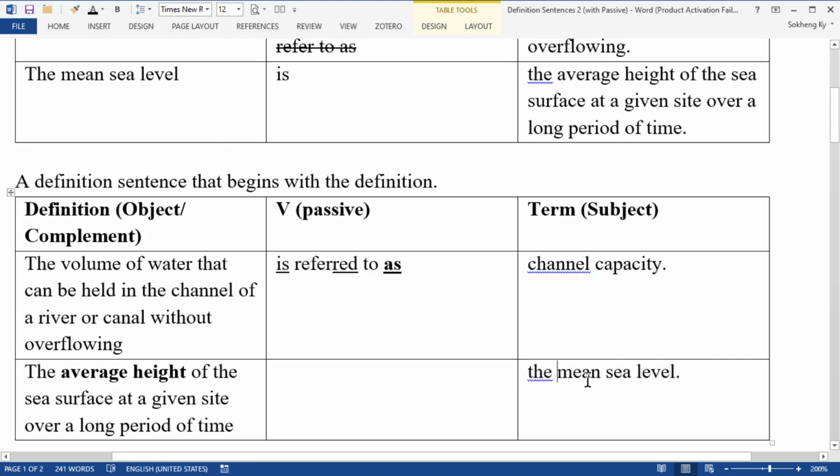So the term is at the end again. Now the verb to be, here it is. We can say is called. If we don't want you to use called, we use noun. Be careful, if you use noun, don't forget as.